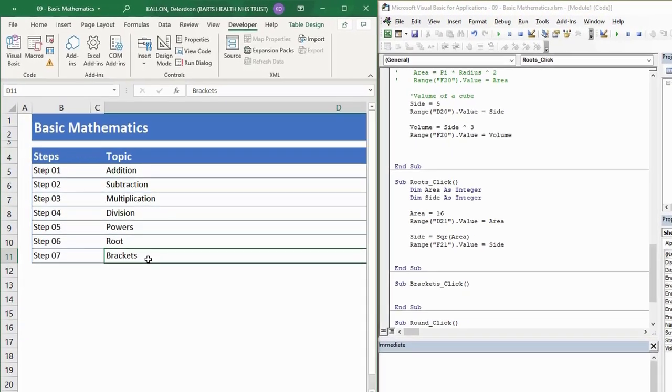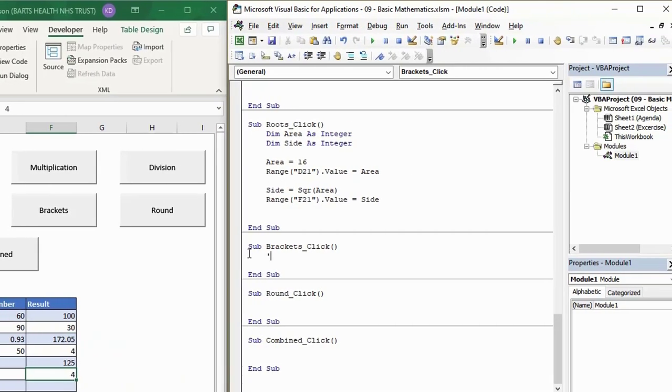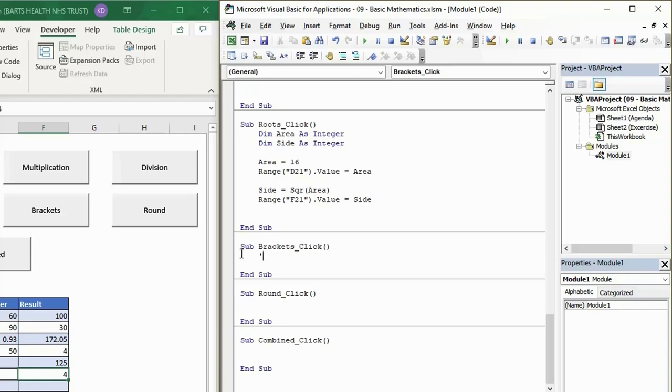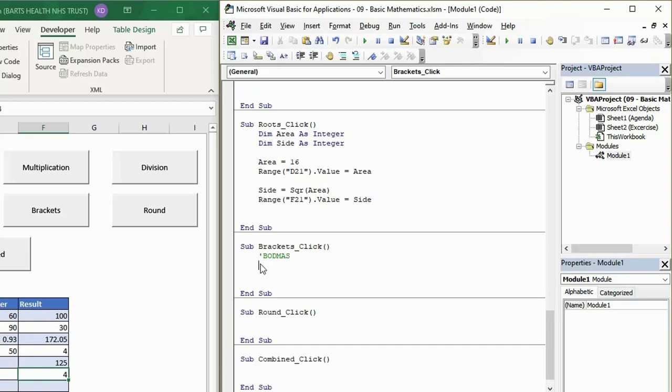Next, let's take a look at brackets. Now, brackets work in exactly the way you would expect in basic mathematics. First, there'll be brackets open, and then there'll be any division, followed by multiplication, followed by addition, and followed by subtraction, in that order. To demonstrate this, let's do some simple calculations. Let's declare a variable for age.